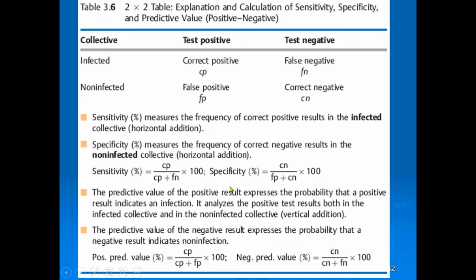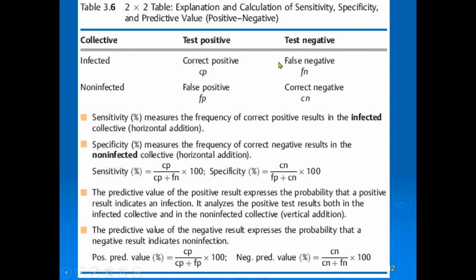Whereas specificity is the correct negatives over all the negative samples. Between sensitivity and specificity, probably sensitivity is more important.